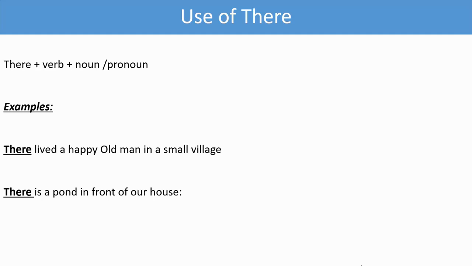ইউজুয়ালি কোথাও কোনো স্থানে কিছু আছে এটা বোঝানোর জন্য আমরা ইন্ট্রোডাক্টরি দেয়ার ব্যবহার করি। কেউ আছেন, কিছু আছেন। Look at the examples. There lived a happy old man in a small village. একটি গ্রামে একজন সুখী বৃদ্ধ লোক বাস করতেন। তাহলে কেউ আছেন, কোন স্থানে কেউ আছেন, এটি বোঝানোর জন্য আমরা শুরু করছি ইন্ট্রোডাক্টরি দেয়ার দিয়ে। There is a pond in front of our house.